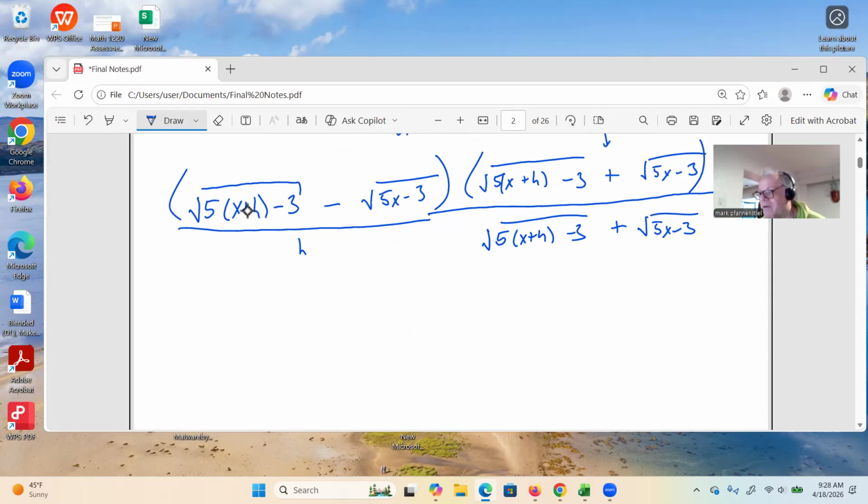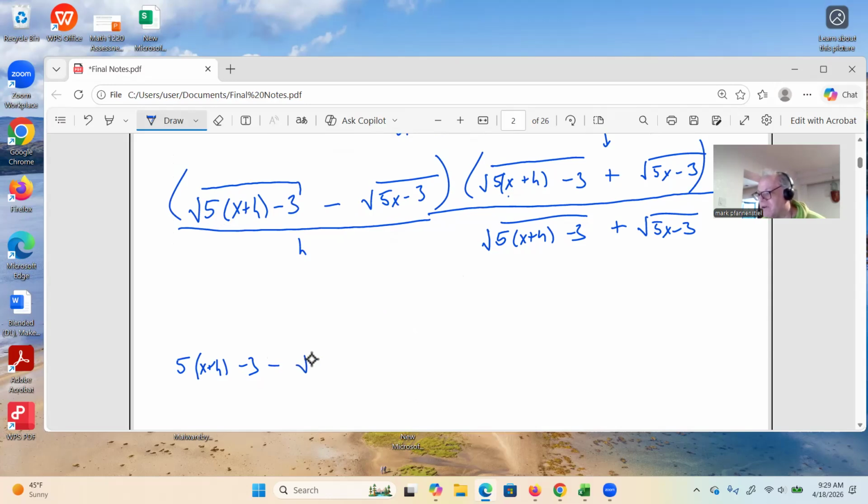I've got the square root of 5x plus h minus 3 times the square root of 5x minus 3, minus 5x plus h minus 3. These are both the same things, so the square roots are going to disappear. So we have 5x plus h minus 3, minus.